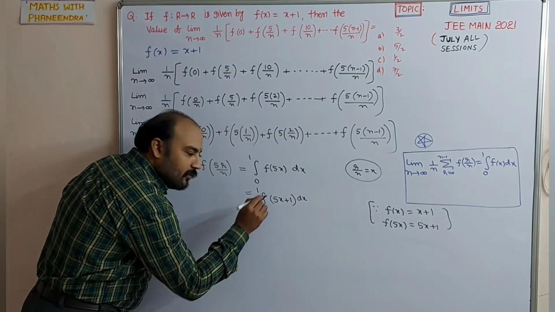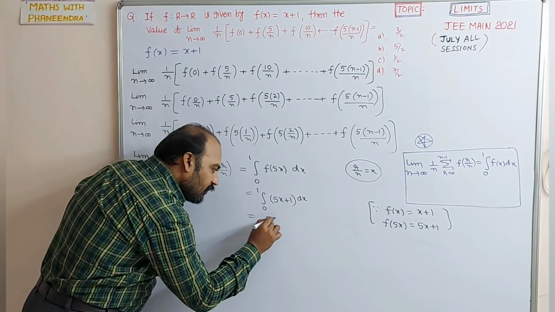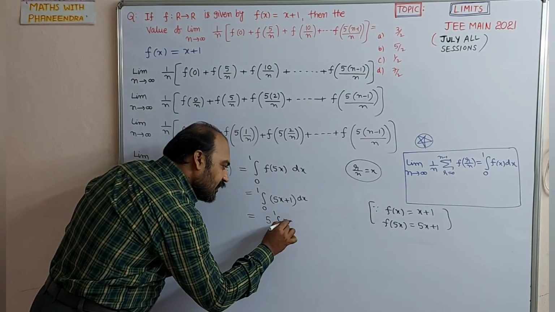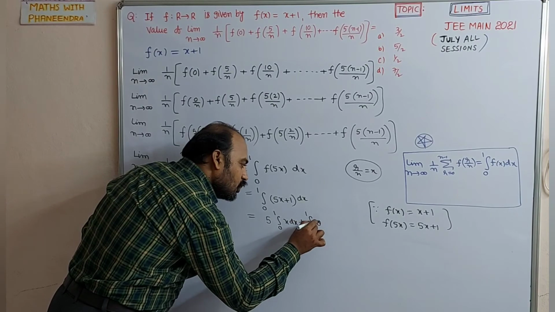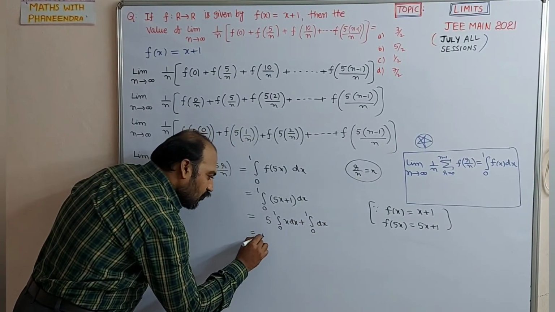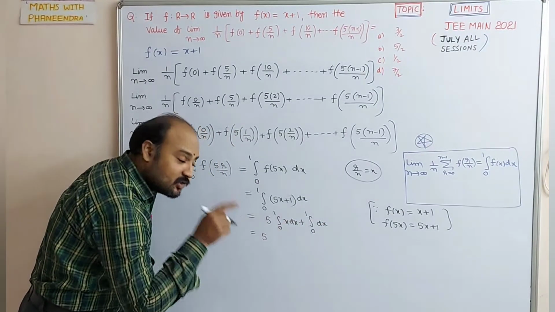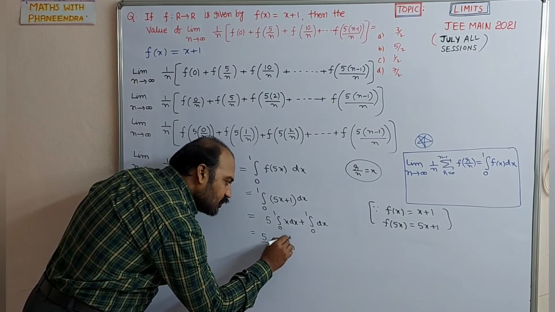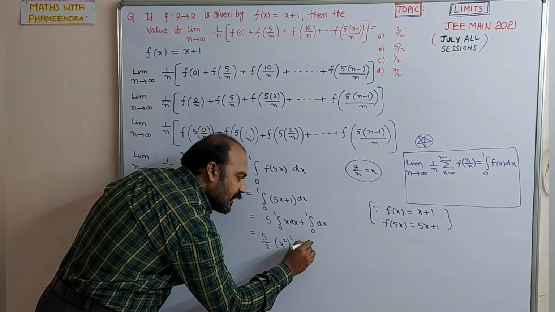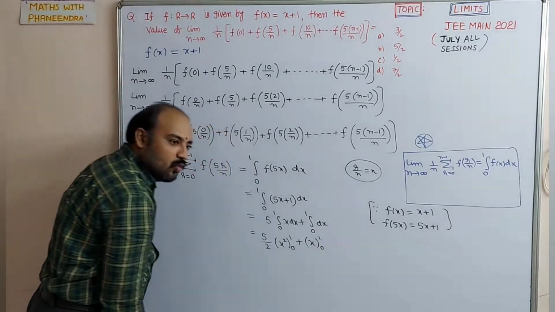So each and every time you have to integrate 5 integral 0 to 1 x dx plus integral 1 into dx is dx, integral 0 to 1 dx. So 5 into integral x dx is x square by 2. So 1 by 2 I am taking out, x square applying the limit 0 to 1. Integral dx is x applying the limit 0 to 1.